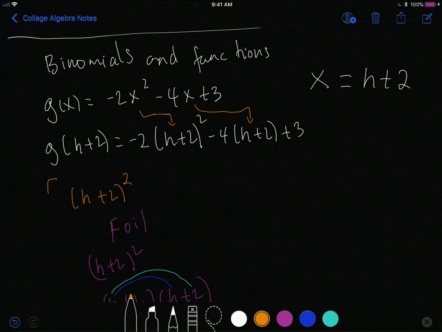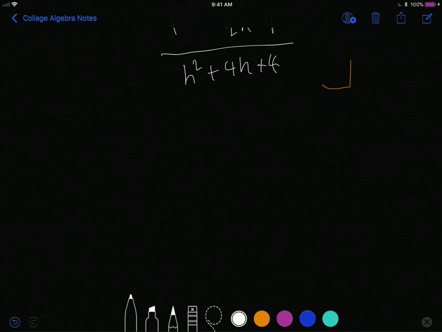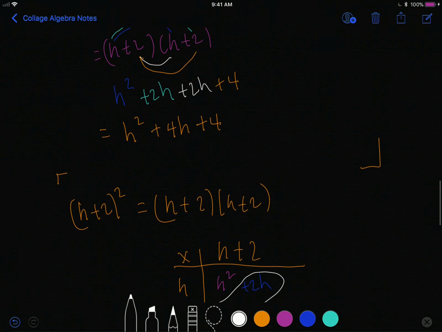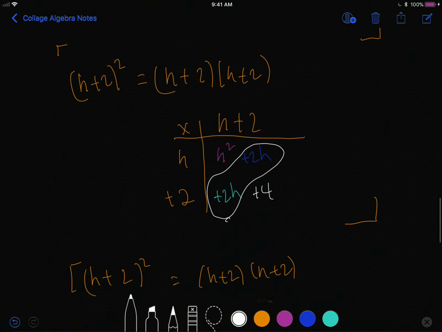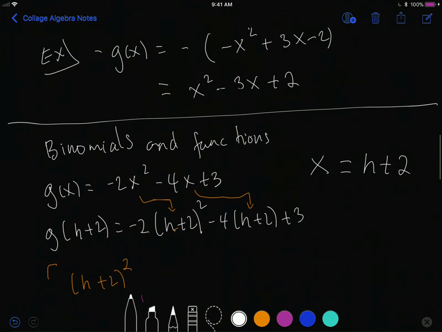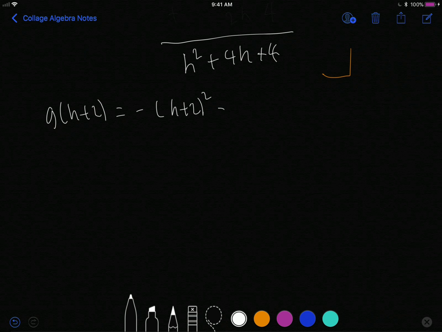Now we know what h plus 2 squared is, we can get back to working this problem out. So g of h plus 2 is equal to negative (h plus 2) squared minus 4 times (h plus 2) plus 3.